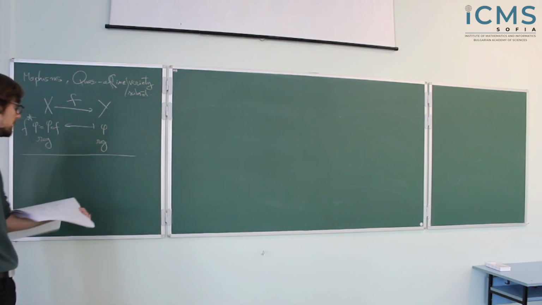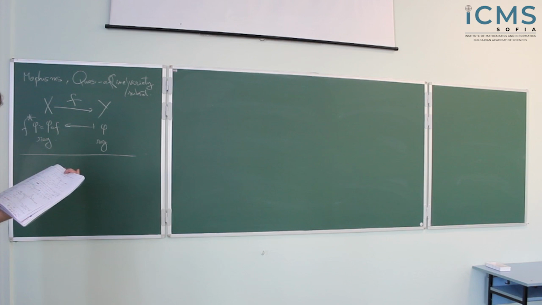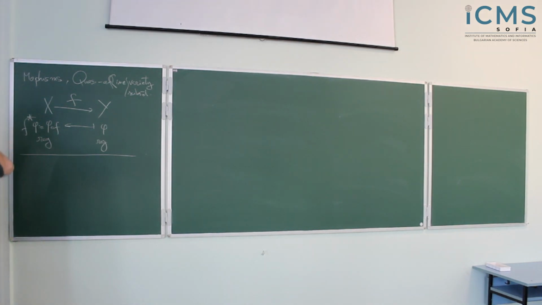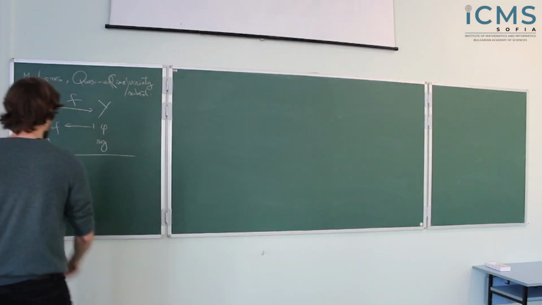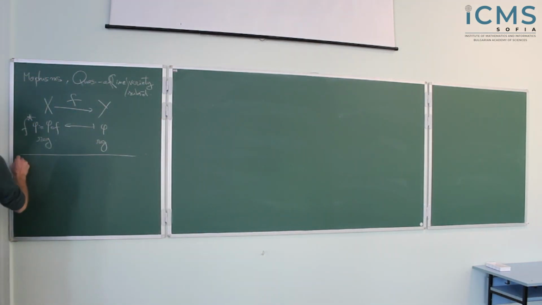Now, last time I didn't have time to do this, but I wanted to extend a little bit the idea of what an affine variety was. This is kind of a regular definition.